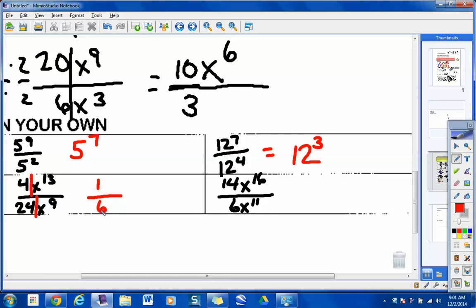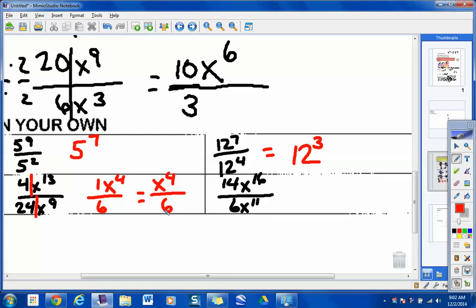Is it 13 more than 9? Okay, so I'm going to leave that up top. So my solution here, 1x to the 4th over 6. Now if you check any answers anywhere, this next assignment, they're going to write this as just x to the 4th over 6. Isn't 1 times x to the 4th just going to be x to the 4th right there? All agree? Yeah. All right.